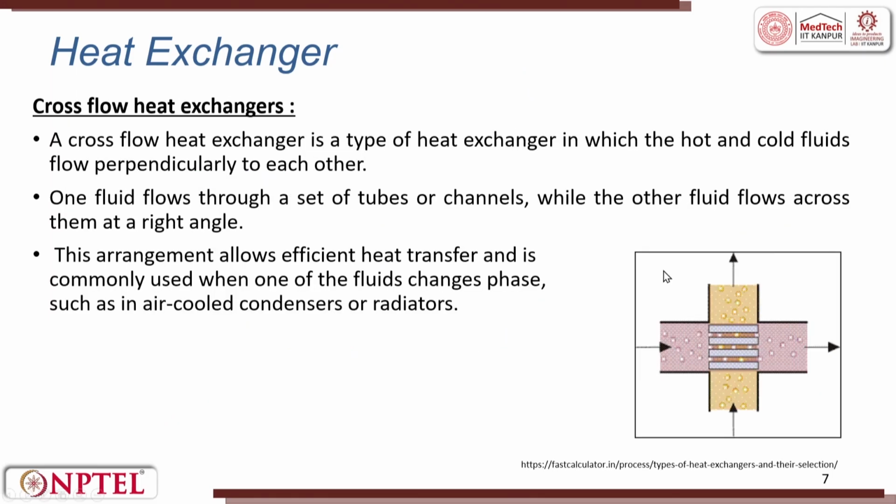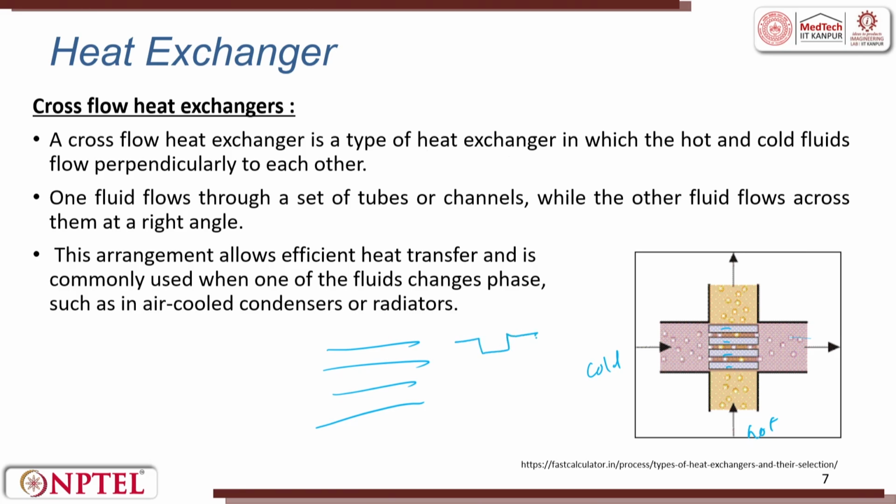The next one is the cross flow heat exchanger. The cross flow heat exchanger is a type of heat exchanger in which the hot and the cold fluid flow perpendicular to each other. One fluid flows through a set of tubes, these are tubes, or channel. This can be a tube or it can be a channel.